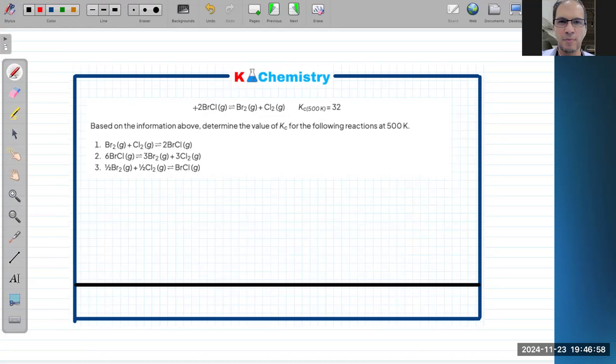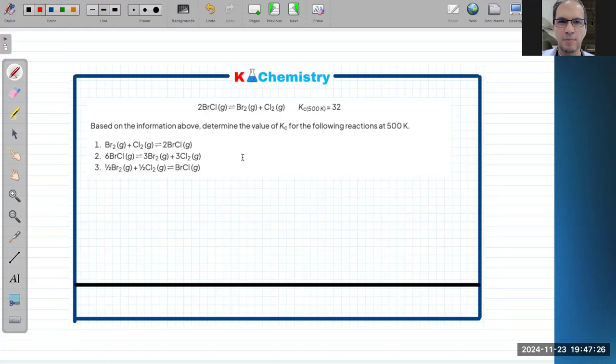Let me see what is the relationship between this one and the first equation, the second equation, and the third equation. So let's see, for example, the first one, in order to change it into Pr2, I have reversed it. I have reversed it because I have Cl2 and Pr2 here in the products. I have it here in the reactants, so all I have to do is to reverse the equation.